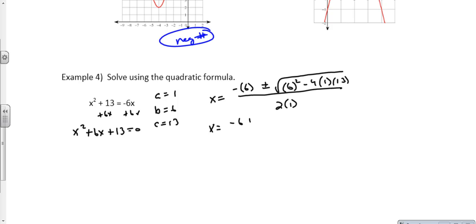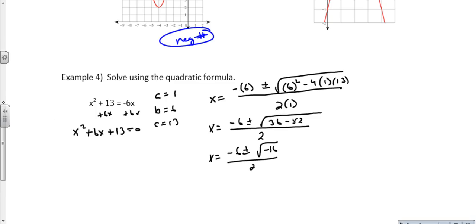So negative 6 plus or minus the square root of 36 and a negative 4 times 1 times 13 is negative 52, all over 2. So negative 6 plus or minus 36 minus 52 is negative 16.